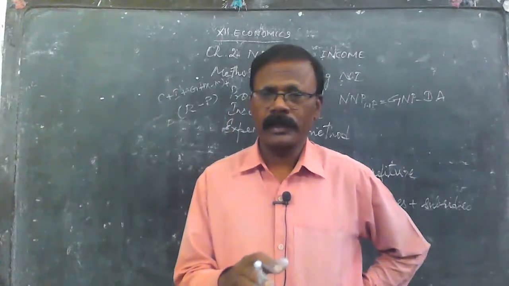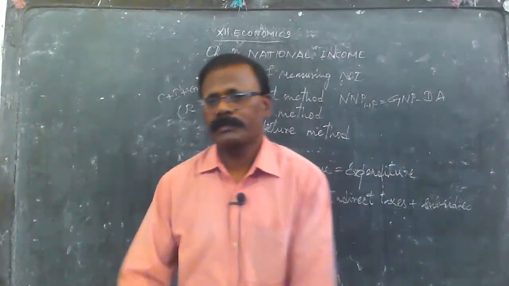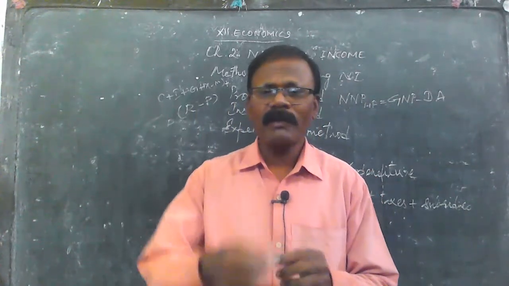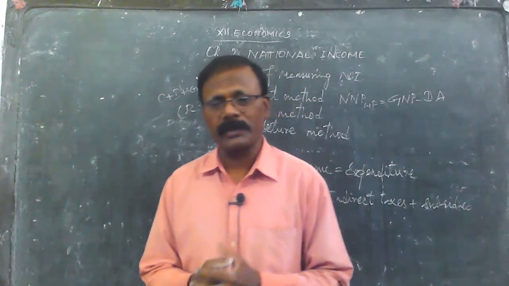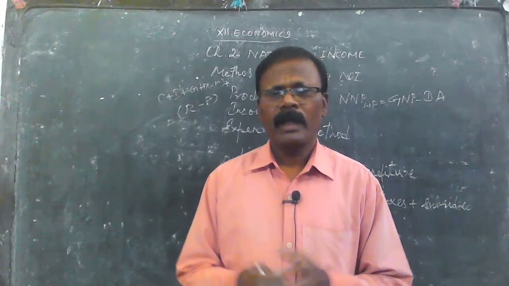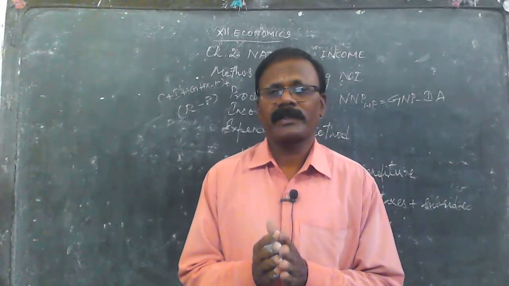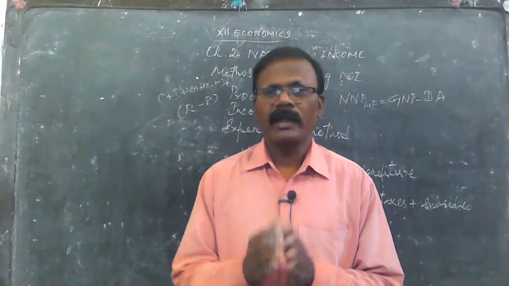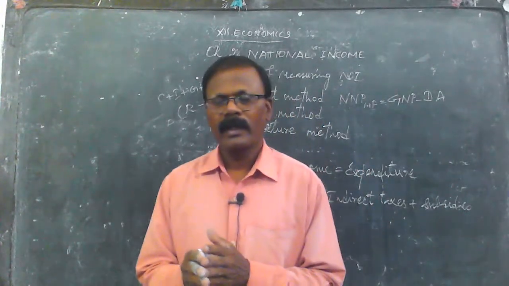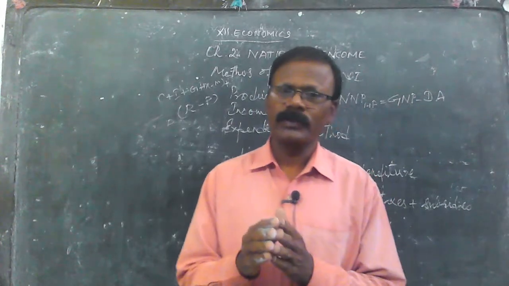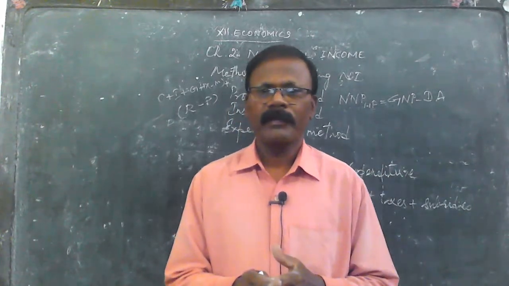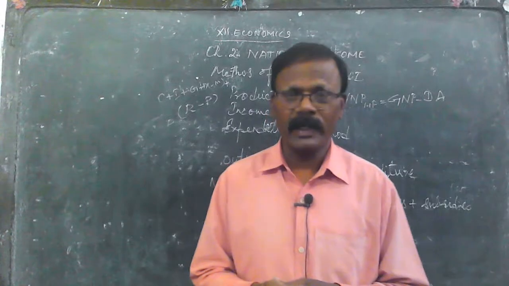Then the last is GDP deflator. GDP deflator is an index of price changes of goods and services. It is a price index. GDP deflator is obtained by dividing the nominal GDP for a given year by real GDP for the same year and multiplying it by 100.